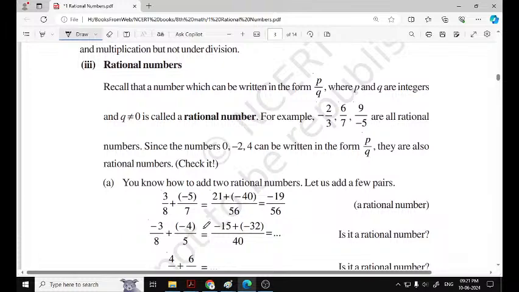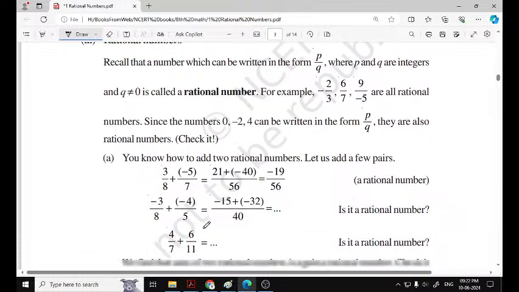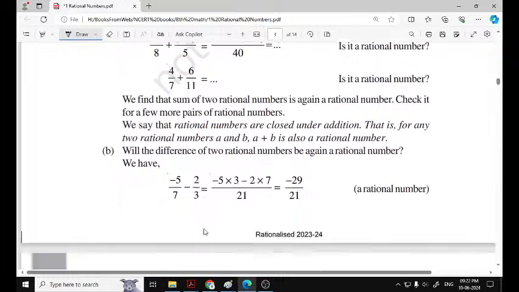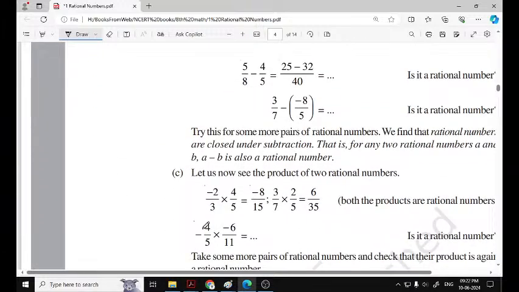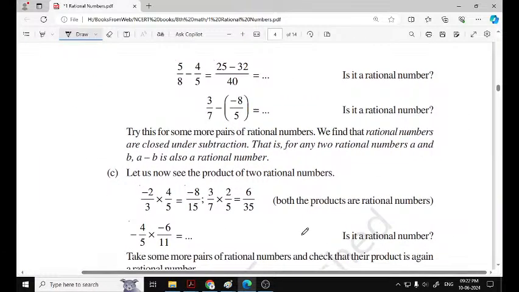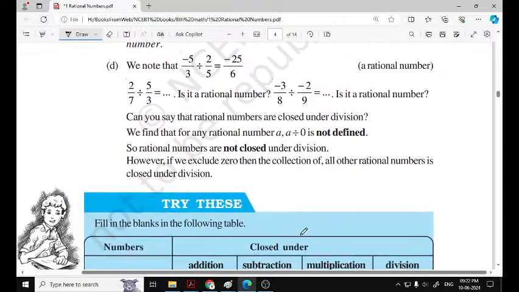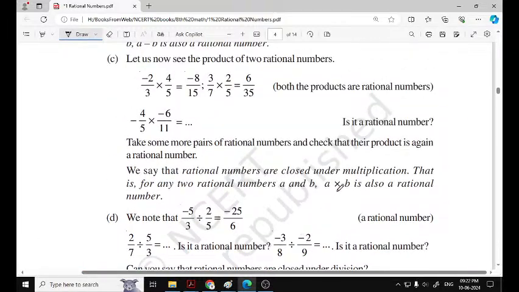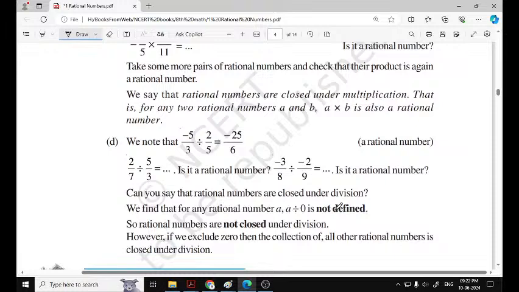Now the same thing for rational numbers. Consider any two rational numbers, their addition is again a rational number, their difference is a rational number, their multiplication is a rational number, and for their division, if we divide by 0, then it is not a rational number.